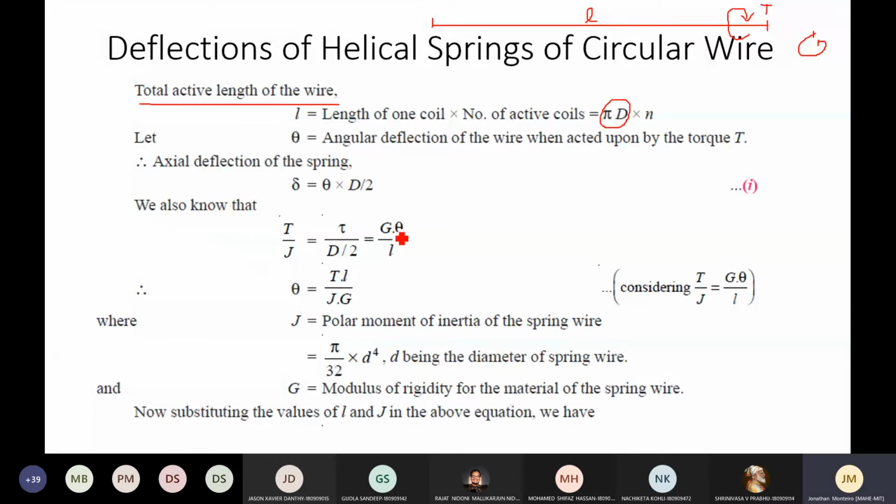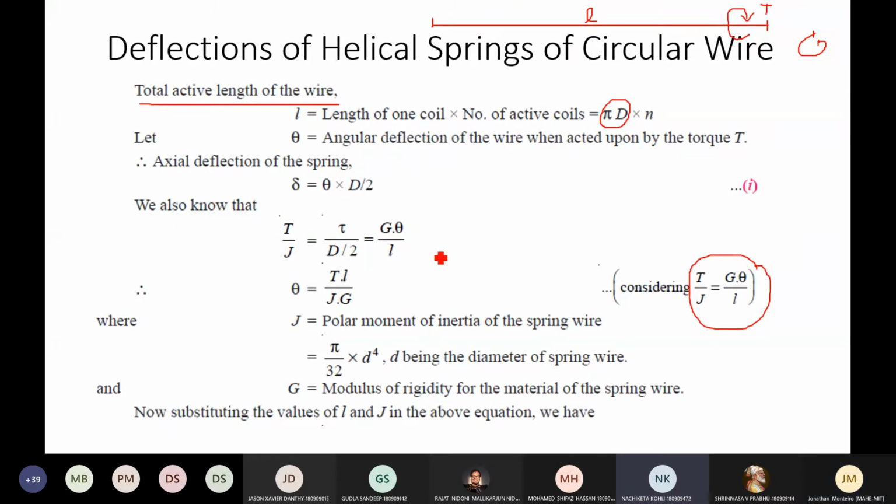So we know from very basic principles, T by J is equal to G theta by L. This is one basic equation you have learned in strength of materials, which you also call the torsional equation. T is the torque, J is the polar moment of inertia, G is the rigidity modulus, theta is the deflection, and L is the length for that deflection.